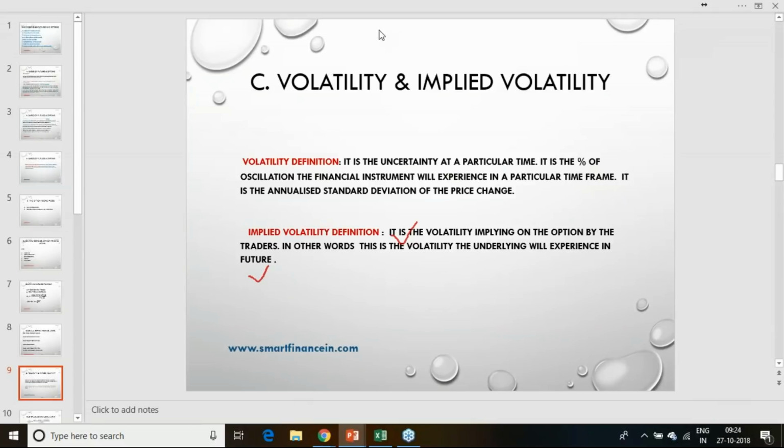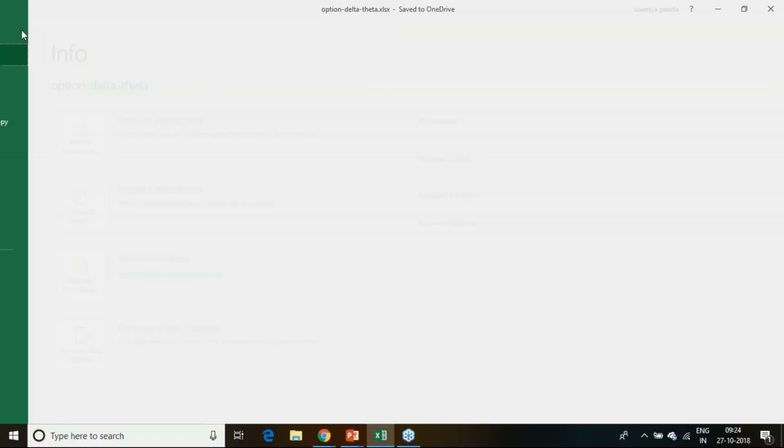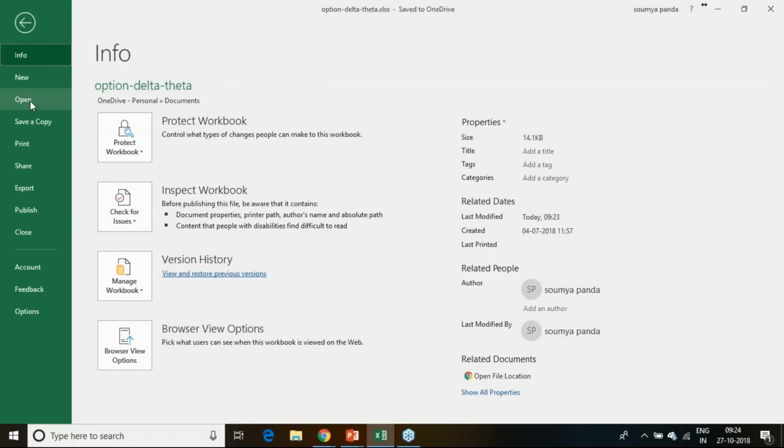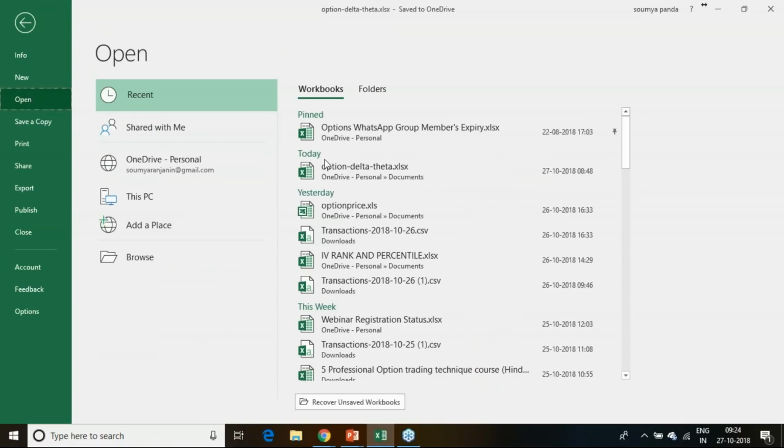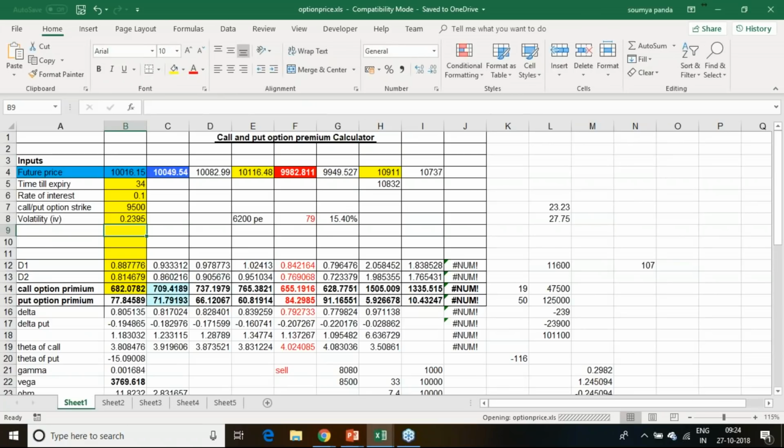Now coming to the next part of our calculations or basic concepts, which is volatility and implied volatility. This implied volatility has no direct formula to calculate.